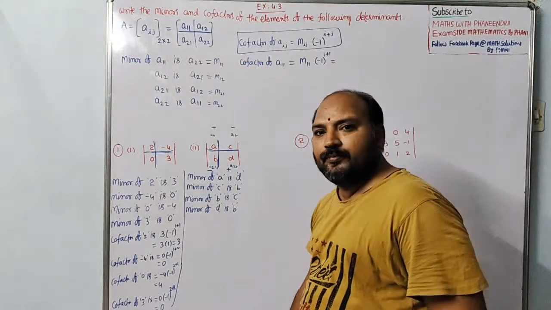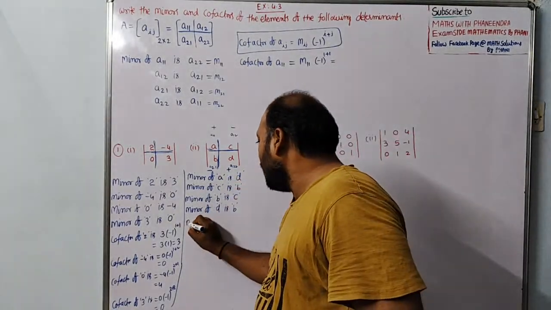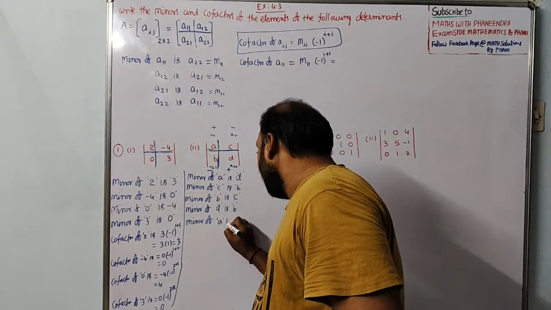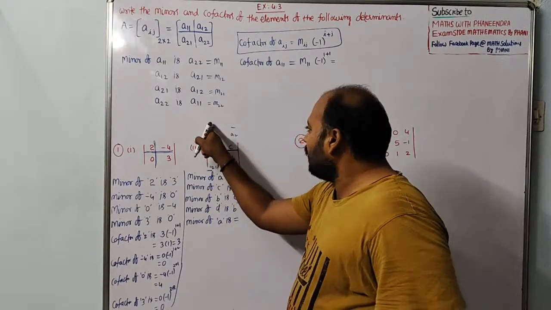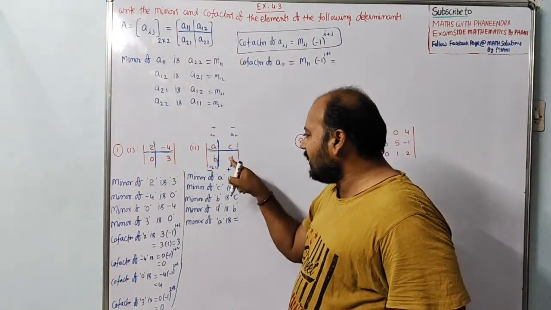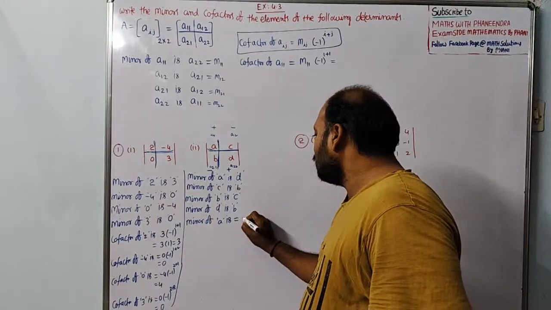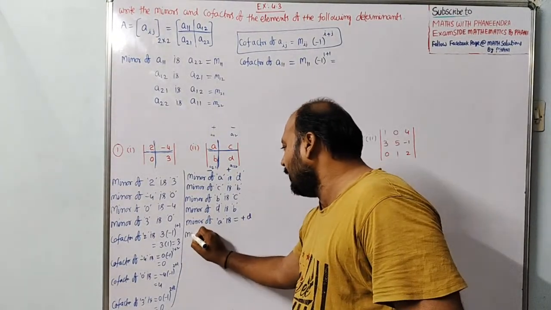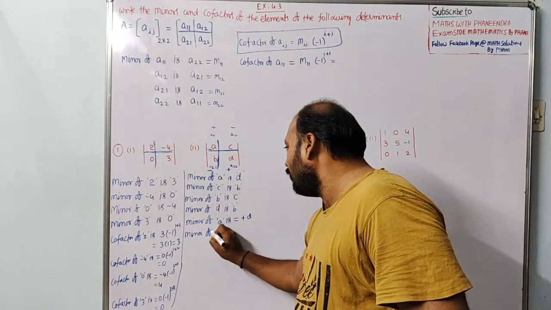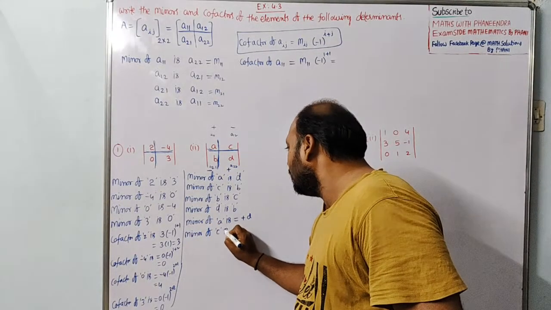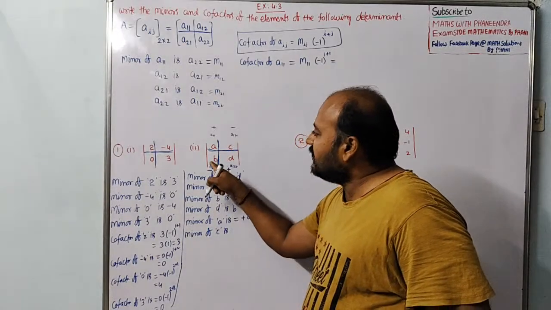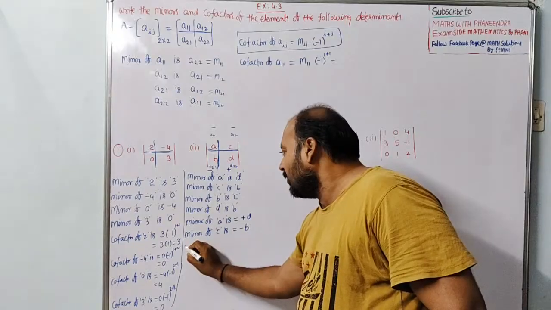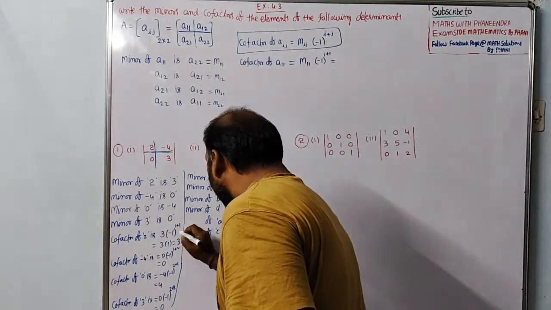So minor of an element A is plus into, for A what is the minor here? D, no? So plus D will come. Next, minor of C is, for C minus B. So minus is there, no? Before you can write it as minus B. Not minus, sorry, very sorry.